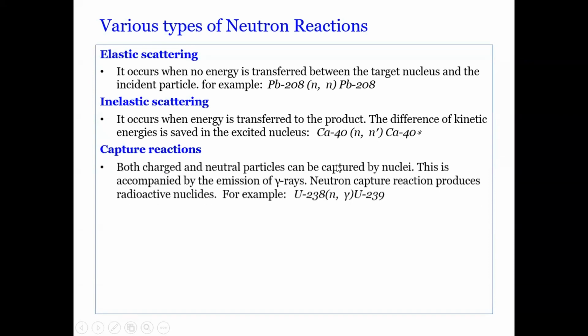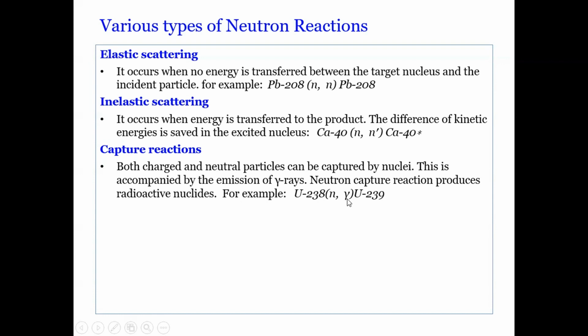The capture reactions. Both charged and neutral particles can be captured by nuclei. And this is accompanied by the emission of gamma rays. For example, neutron capture produces a radioactive nuclide. Here is the example. U-238 is absorbing a neutron, is capturing a neutron, and getting converted into uranium-239 and a gamma.